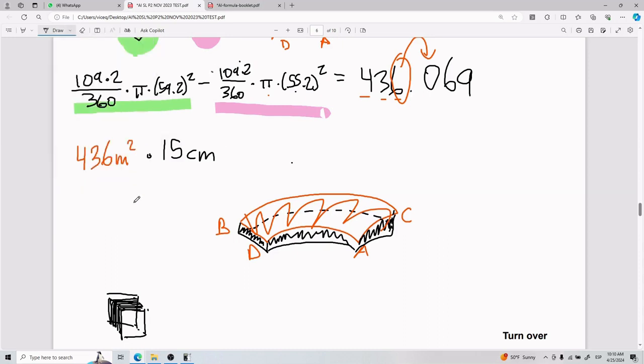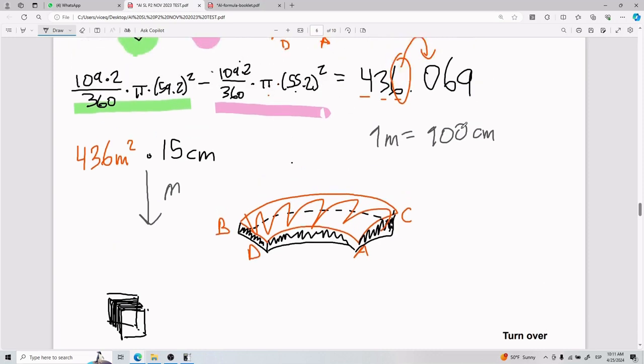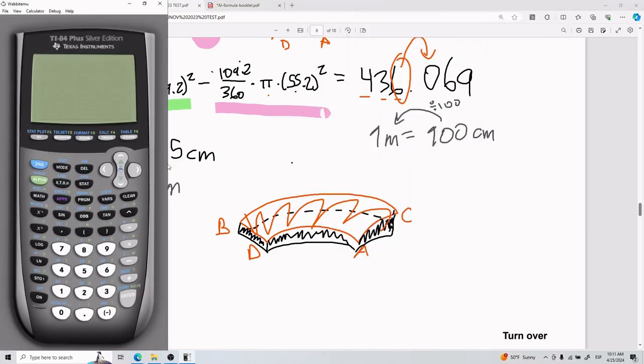So on the one hand, you can go the version of meters, so the version of meters is making sure everything is in meters. And so in 1 meter, you have 100 centimeters, okay? So that means, notice, from here to here, I had to divide by 100. So 100 divided by 100 gives you 1.